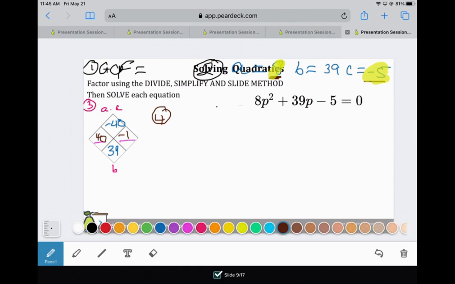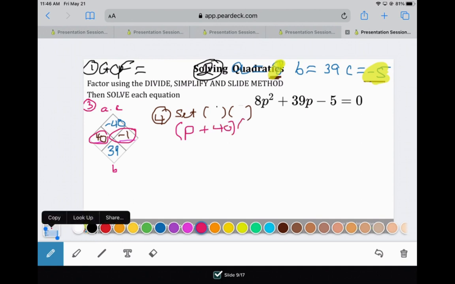Step number 4, I would set 2 parentheses. My first parenthesis is going to be P because the letter is P. I'm using these two numbers right here. P plus 40, P minus 1.